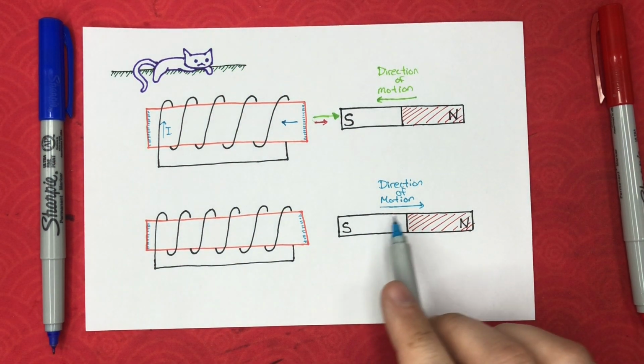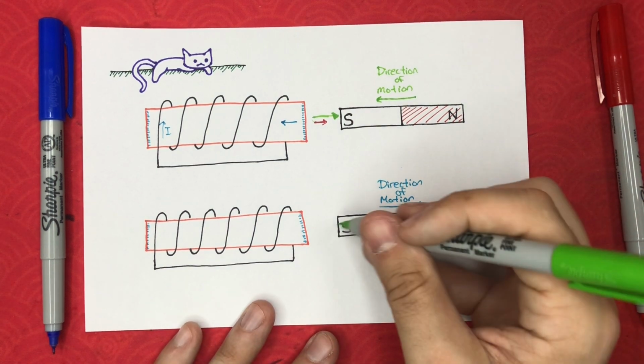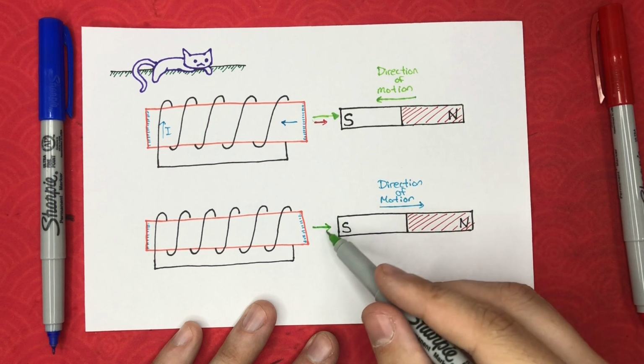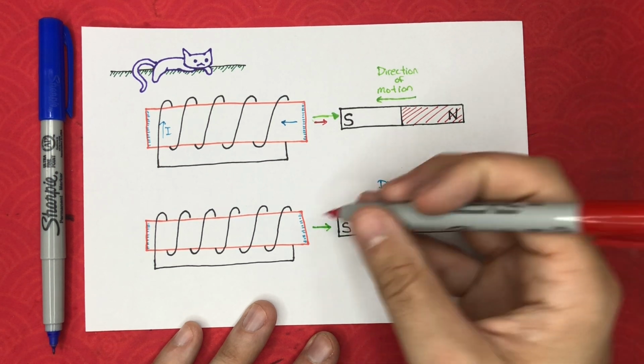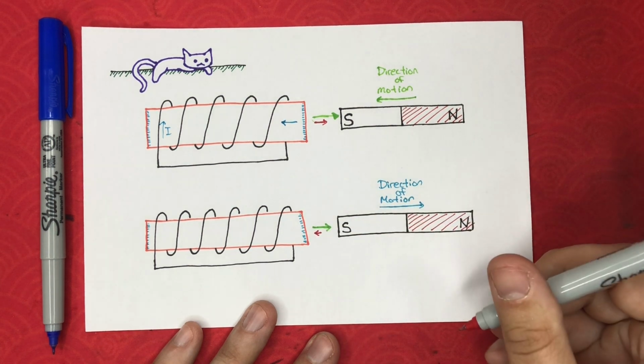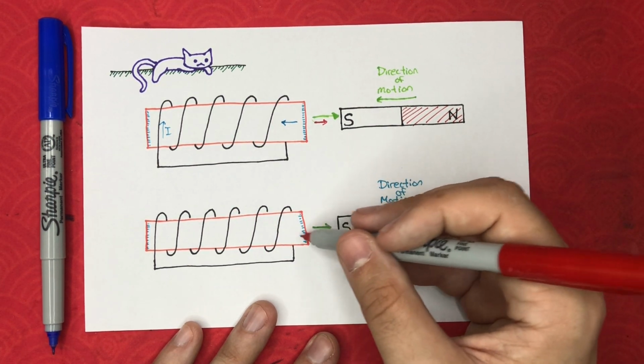Down here, if we take the direction of motion to be the right, well, the magnetic field from the bar magnet is still going to be pointing to the left, but it's going to be getting smaller and smaller. So the change in magnetic field is going to be in that direction. Well, this coil of wire is going to want to keep the same magnetic field.